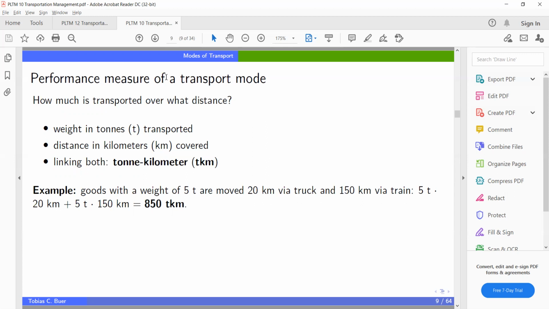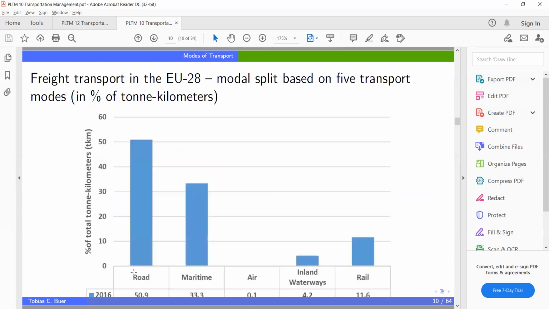And you see that more than 50% of the freight performance measured in ton kilometers is done via road transport, and air transport is only 0.1. This considers all the transport inside the European Union. But this gives you a good order of magnitude of how important the different modes of transport actually are.